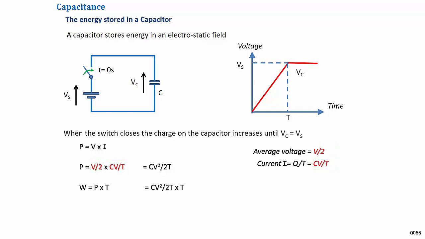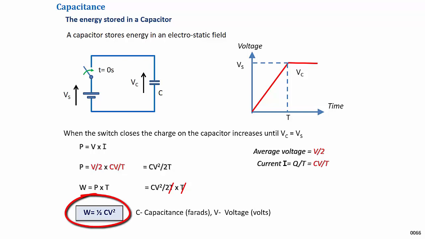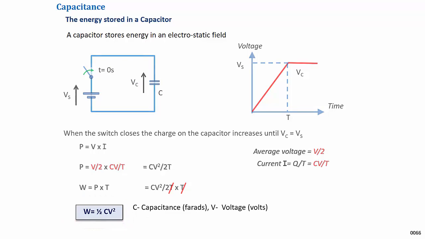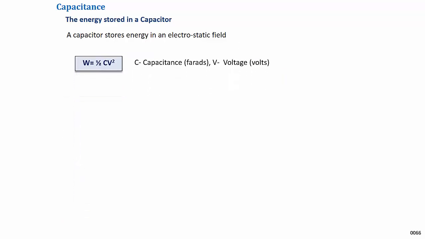Since energy equals power times time, if we multiply C times V squared divided by 2T by T, the T's cancel, and we get the result shown in the highlighted box. Energy stored equals a half times C times V squared. Provided the capacitance is in farads and the voltage in volts, then the calculated energy will be in joules.